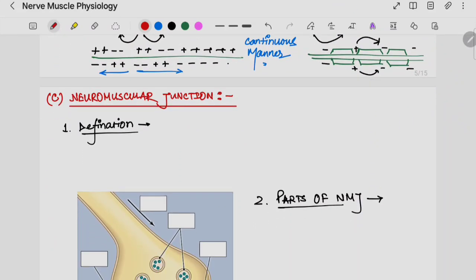So the neuromuscular junction is basically an anatomical junction between a motor neuron and a muscle cell, right?